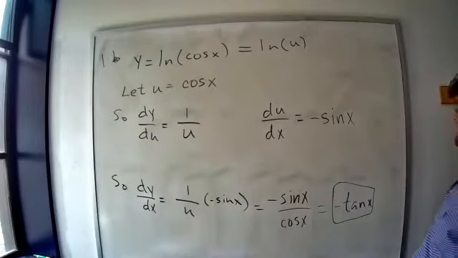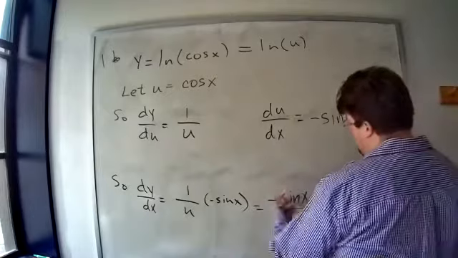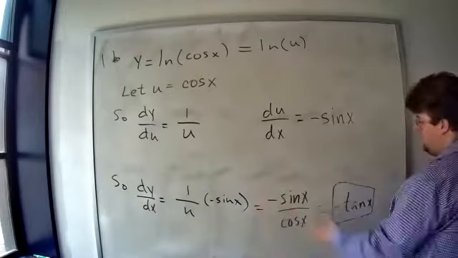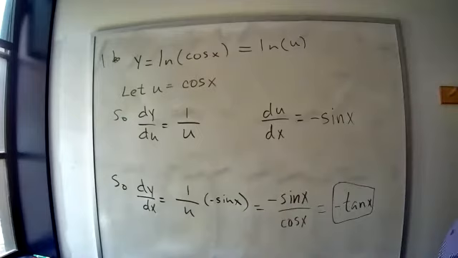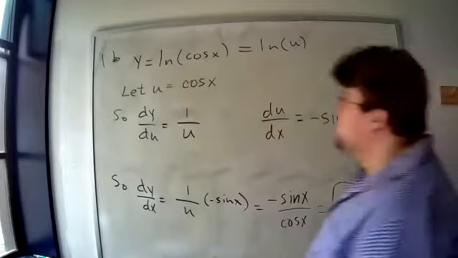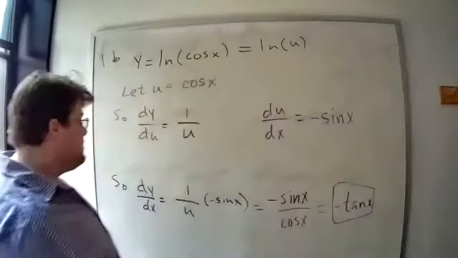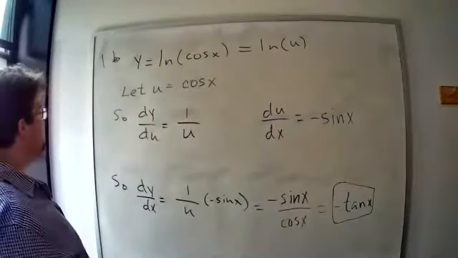I would not take off for negative sine x over cosine x, but it is worth observing, especially for those of you who are going to take Calc 2, that negative tangent of x is what this simplifies to.